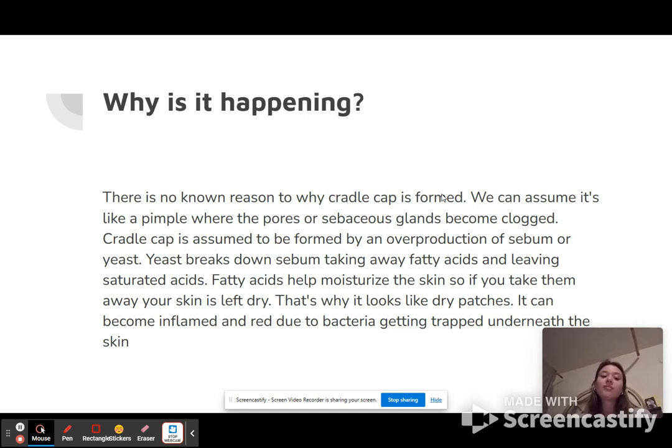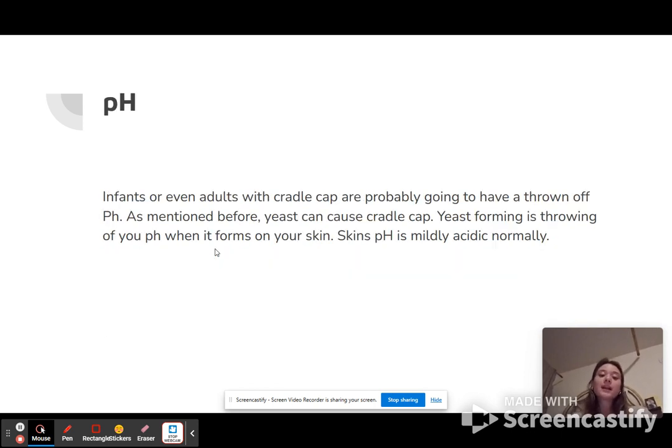They can flake off, and it can become inflamed if bacteria gets on it, which yeast can cause bacteria to grow. And so usually when you have that, you're going to want to get a treatment for it, something antifungal or antibacterial, and a doctor will tell you exactly what you need for that. But it's different for everybody, I'm pretty sure.